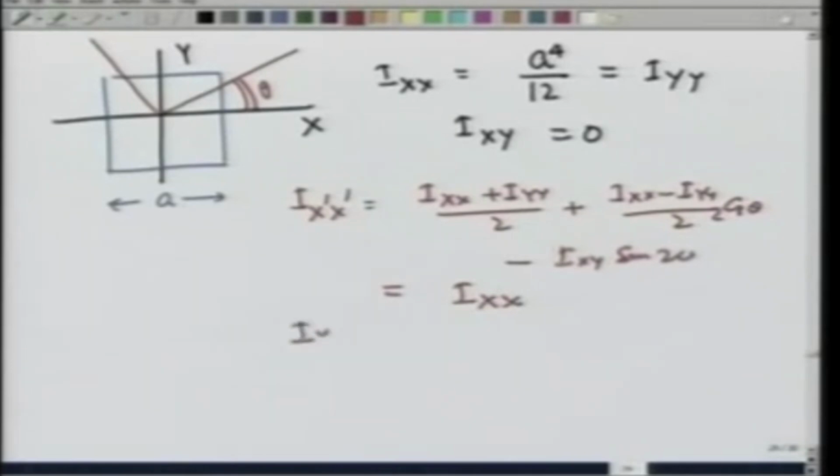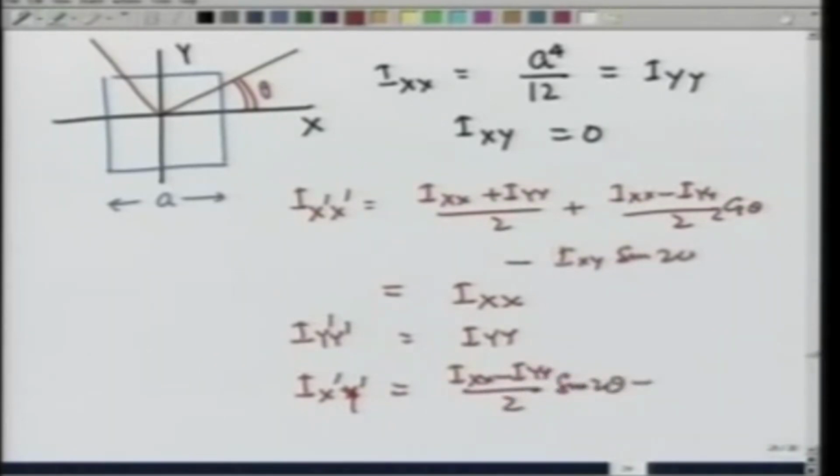Similarly, Iy prime is going to be equal to Iyy, and Ix prime y prime is equal to Ixx minus Iyy divided by 2 sine 2 theta plus Ixy cosine 2 theta.